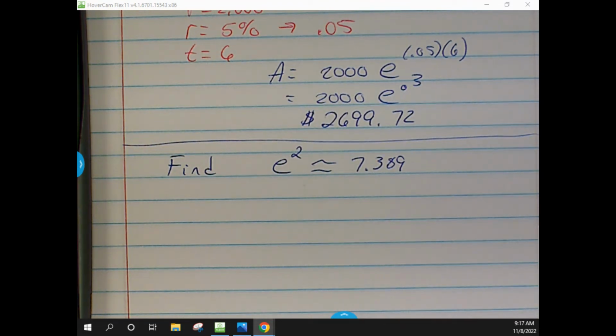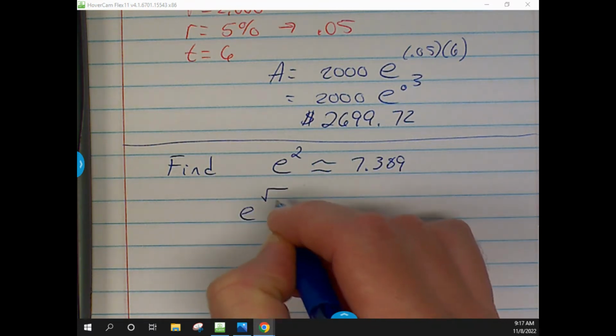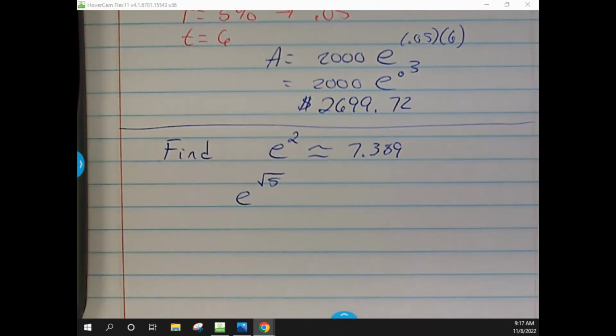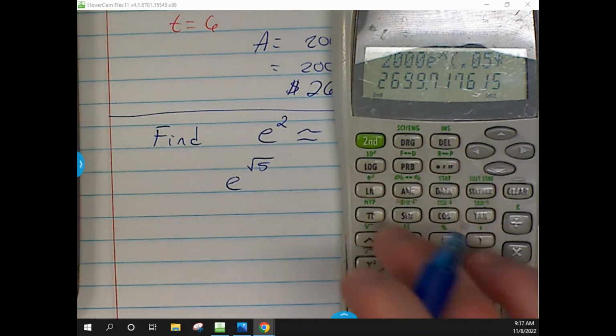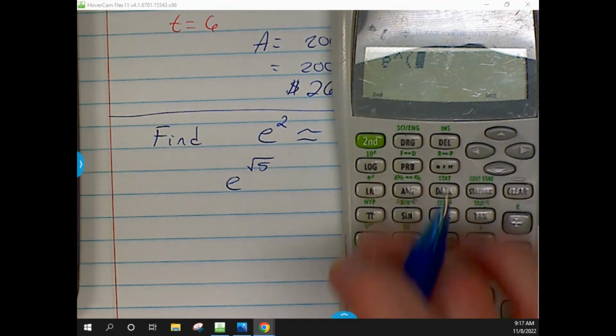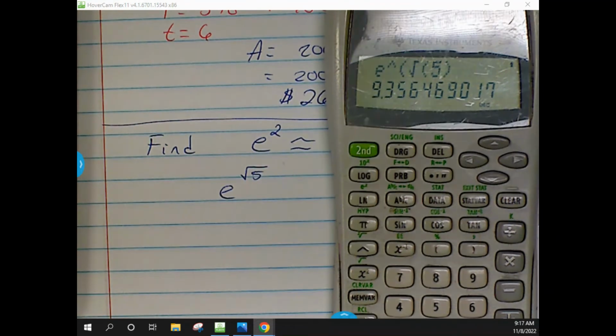It might even be something like e to the square root of 5. You've got to be able to just kind of work with your calculators. So if you do that one, it's second, e, and then square root of 5. You get 9.356.